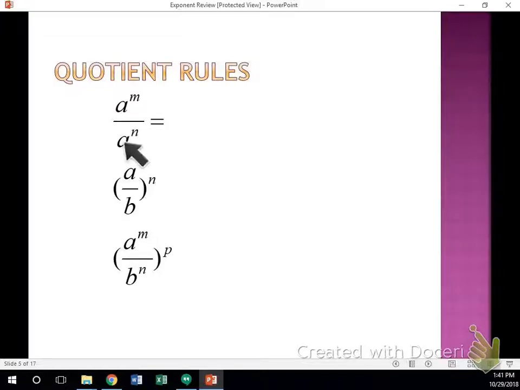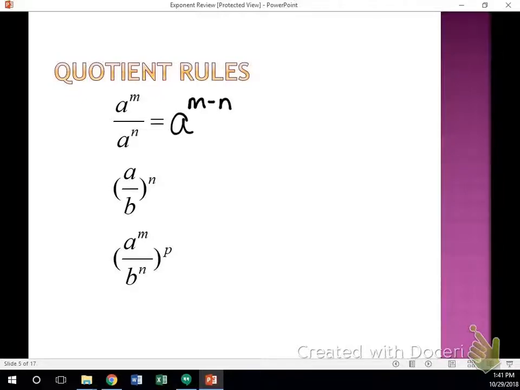If we are dividing the same base, so both of these have a base of a, but they've got different exponents. We multiply them if we're taking a power raised to another power. Like on these ones, we're going to subtract. So we would have a to the, you take top exponent minus bottom exponent, m minus n.